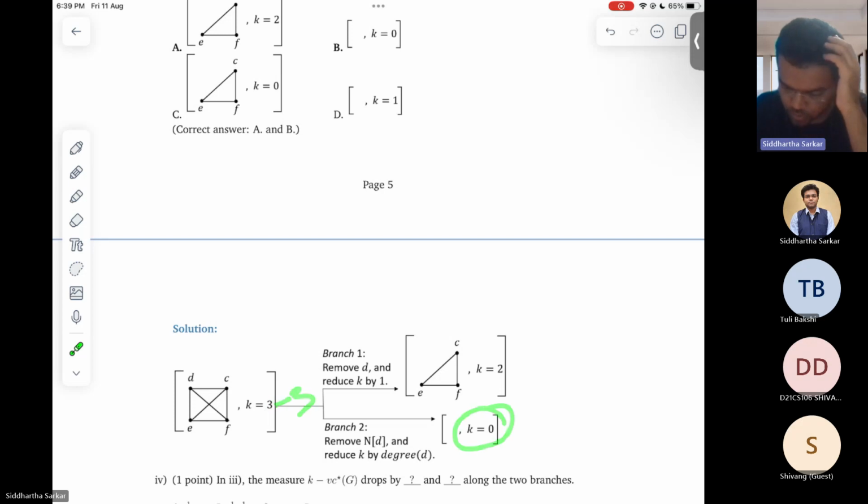So you have K equal to 0. These two are the graphs you are left with in the two branches.